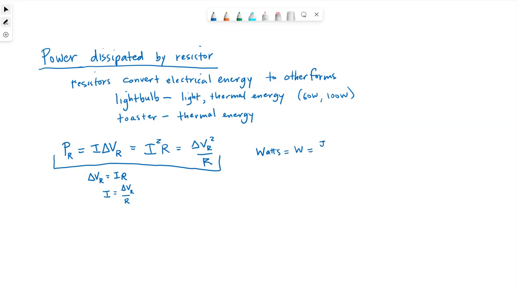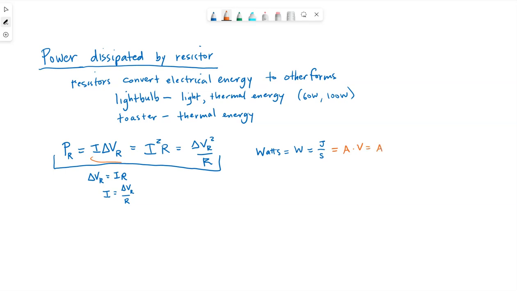We know watts is a joule per second, but in terms of this equation here, this is also going to be an amp times a volt. That's based off of the first, current times voltage.